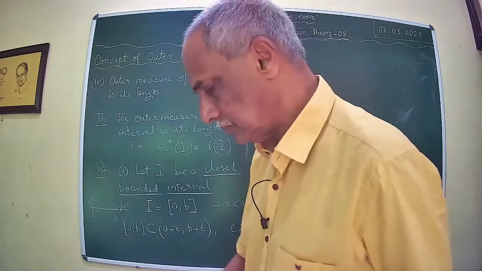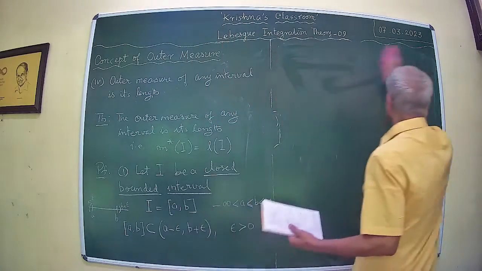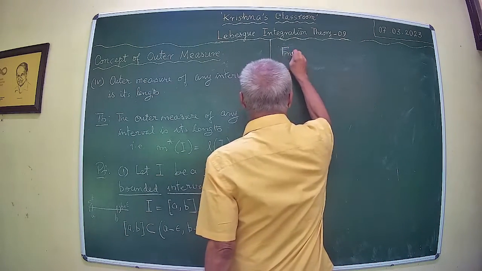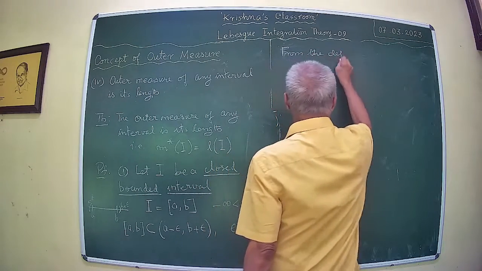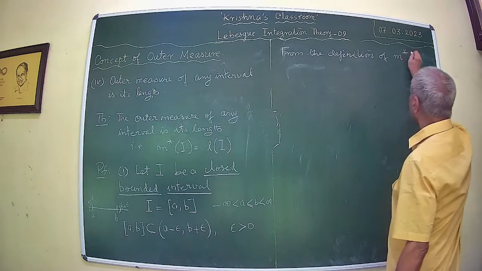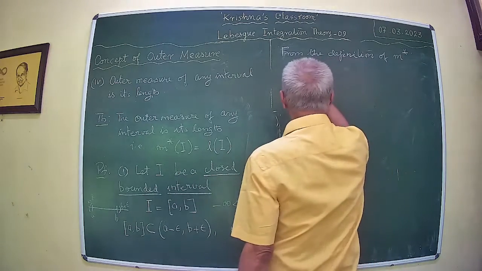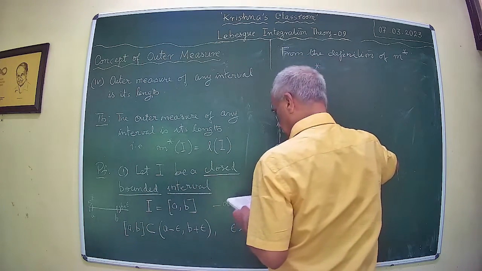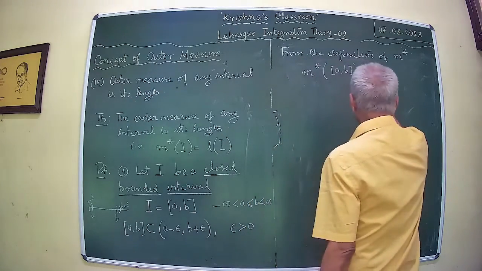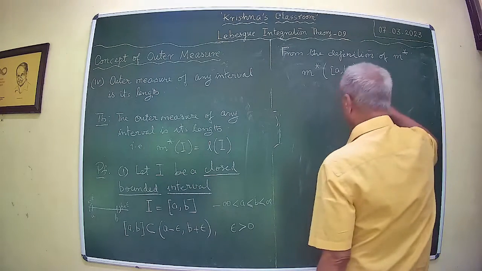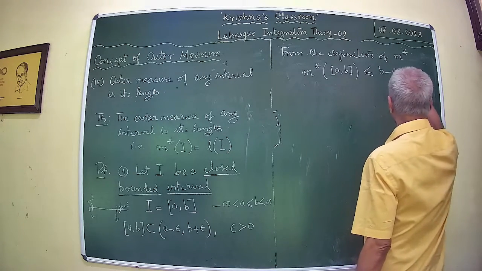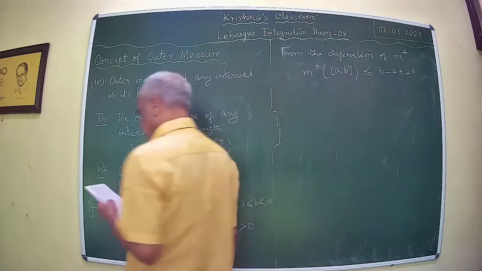Now therefore, from the definition of m star, m star of the interval [a, b] is less than or equal to b minus a plus 2 epsilon.